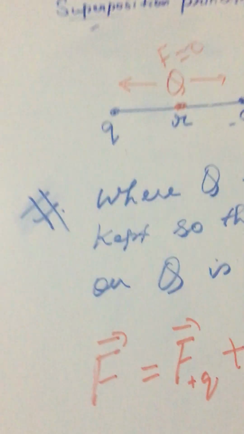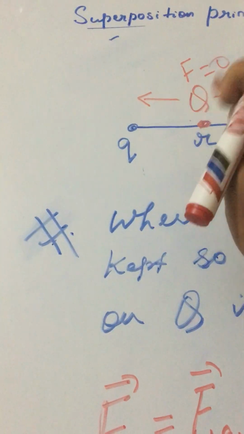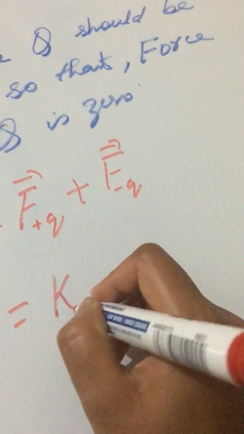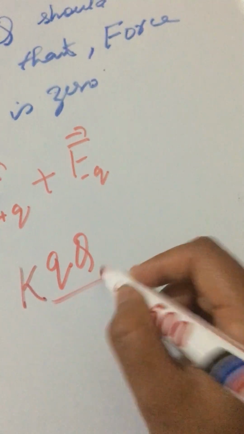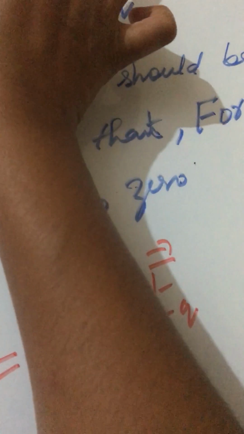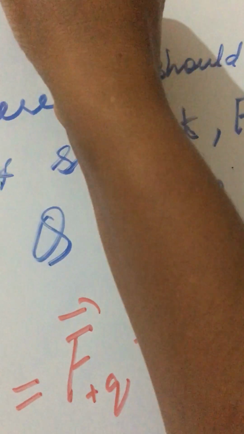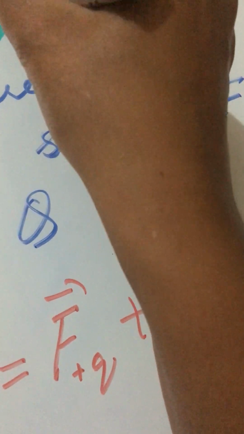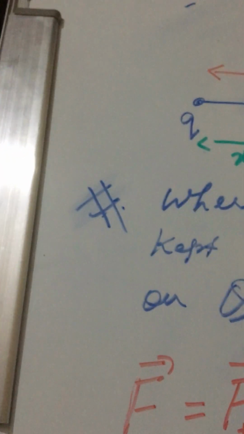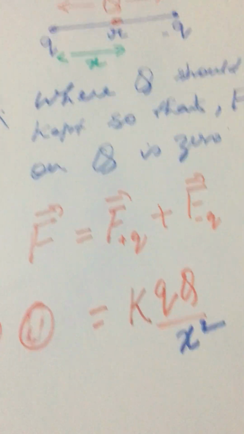Now due to plus Q, what is the force, student? This force is K Q by, I don't know what that distance would be. Suppose this is X. Then this will be X squared, right?